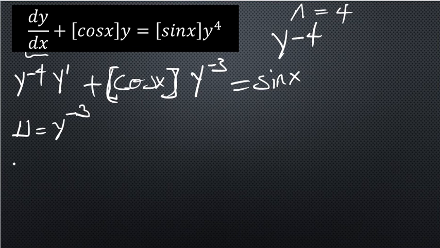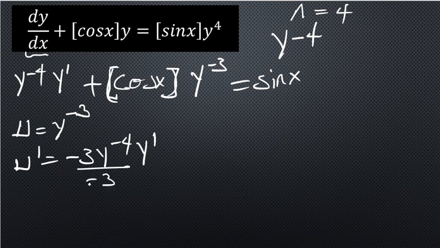When you differentiate both sides, the u derivative will be negative 3 y to the power of negative 4 times y derivative. By the chain rule, we need to differentiate the y also. Then when you divide both sides by negative 3, this will be cancelled out.